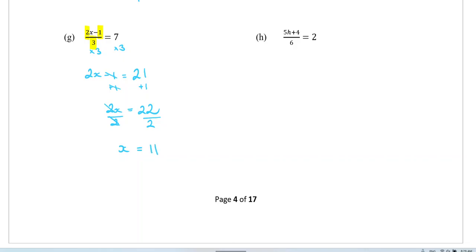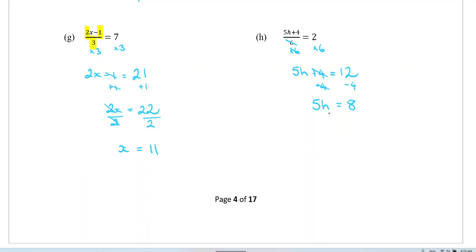H, another 3-step equation. Starting with the 6 on the bottom, I need to times by 6. We get 5h plus 4 equals 2 times 6 is 12. Second step is to get rid of the 4, and the opposite is to minus 4. That will leave 5h equals 12 take away 4 is 8.